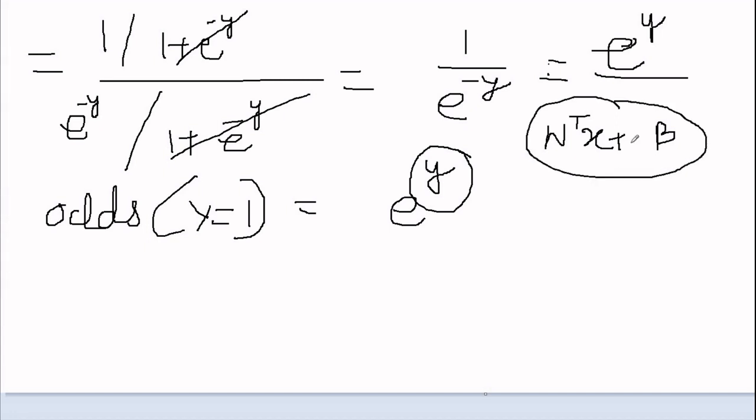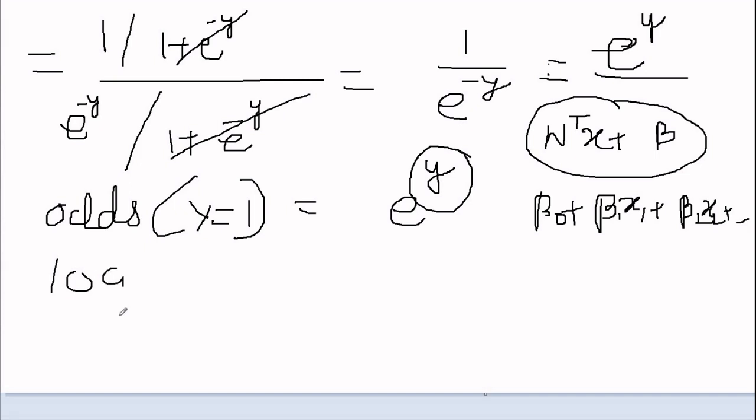This linear equation, we all know, can also be written as beta naught plus beta 1 x1 plus beta 2 x2, which goes on to beta n xn. Now to remove this exponential, we can take the log of both sides.